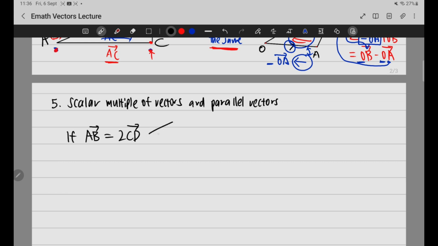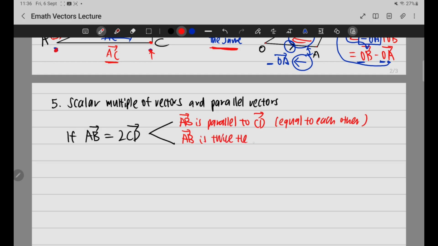You can say that AB is parallel to CD, because they are equal to each other. But at the same time, AB is twice the length of CD.